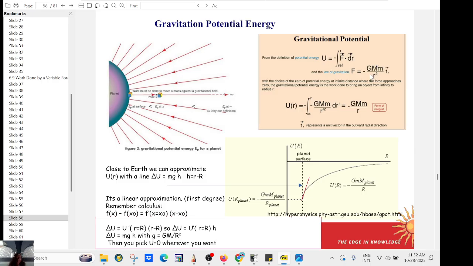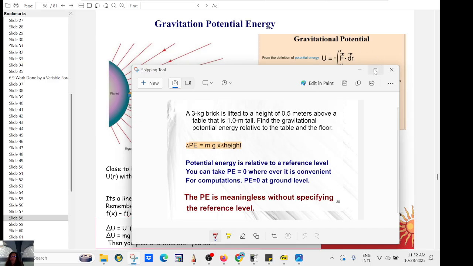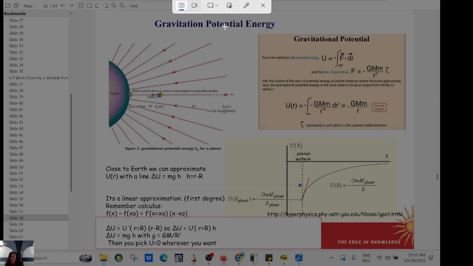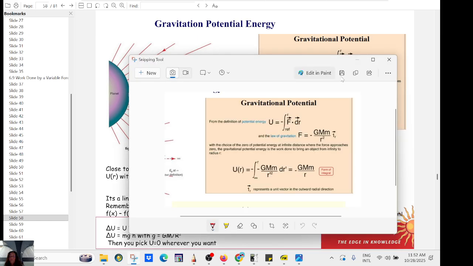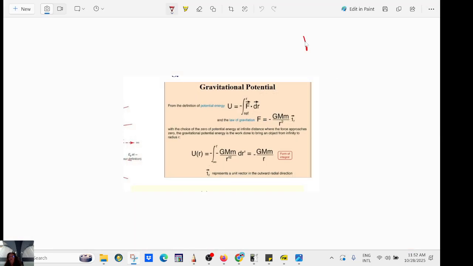Yes? So if you want to find the potential energy, remember what I told you before? A restoring force is derived from a potential energy. So if you want to find the potential energy, you just have to take the derivative.